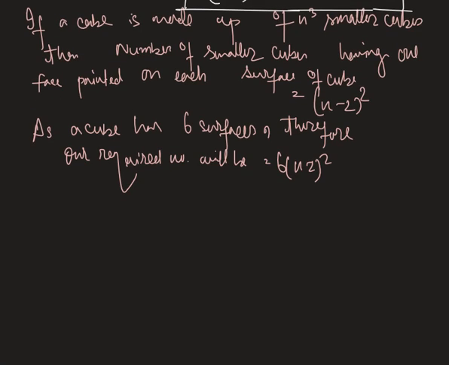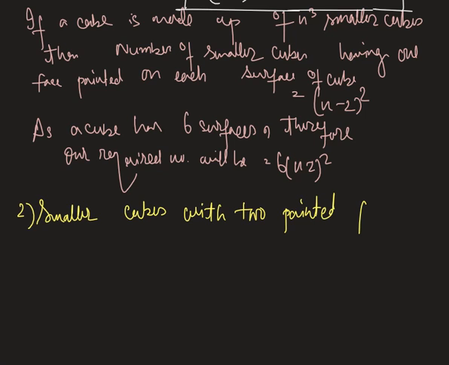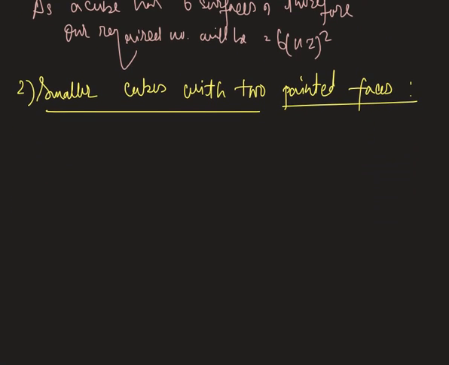Now the next topic is smaller cubes with two painted faces. So first we draw the diagram to understand this more accurately. Let me take another color here. Suppose this is the required cube.